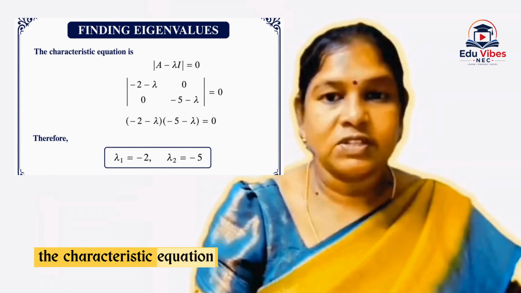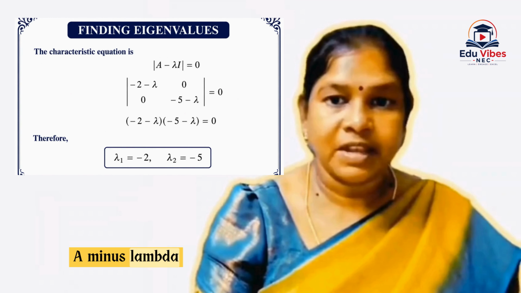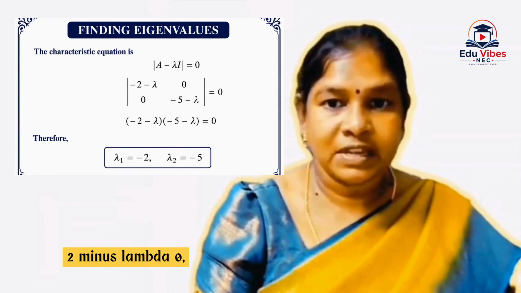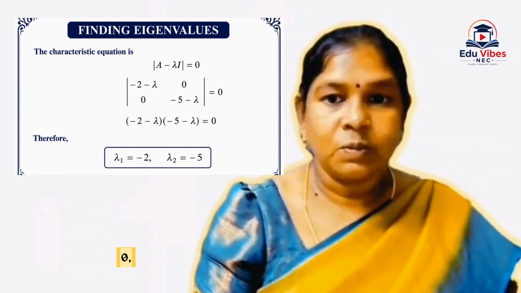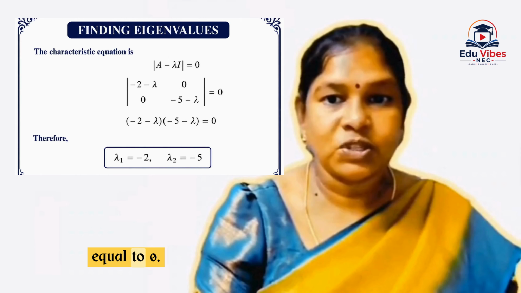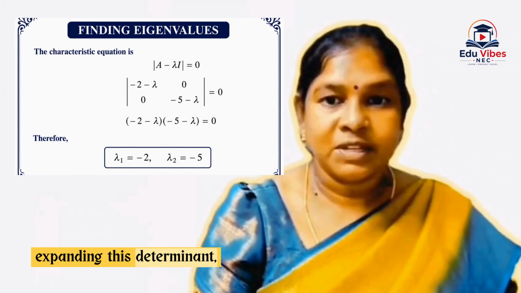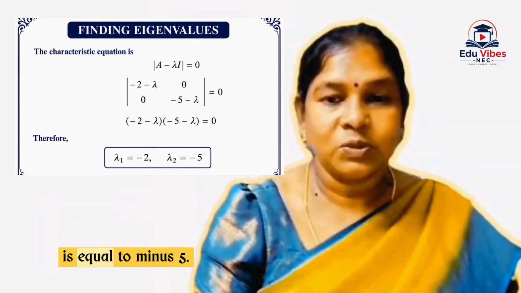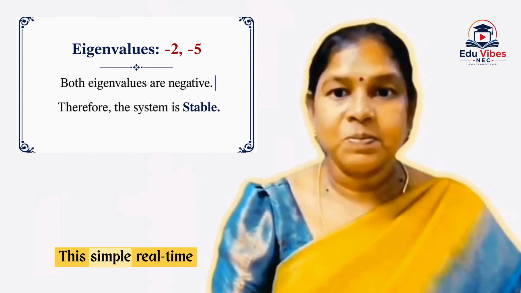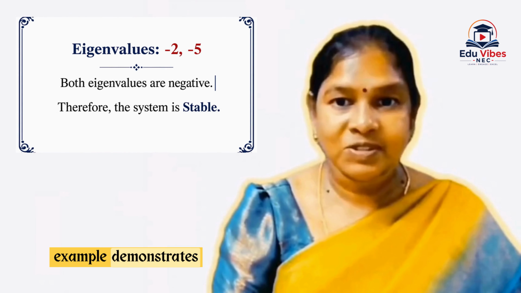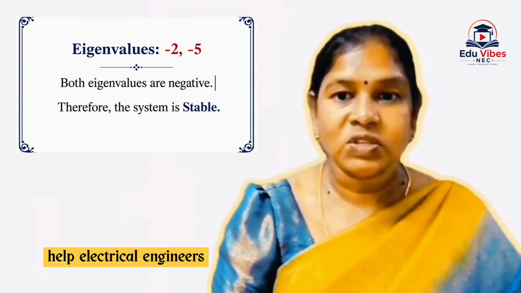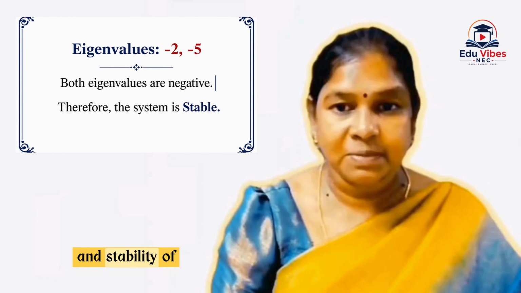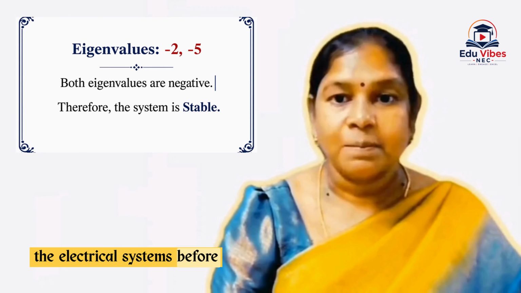So the characteristic equation is given by determinant of A minus lambda I equals 0. So we have determinant of [-2 minus lambda, 0; 0, -5 minus lambda] equals 0. Now expanding this determinant, we get lambda 1 equals -2 and lambda 2 equals -5. This simple real-time example demonstrates how eigenvalues help electrical engineers predict behavior and stability of electrical systems before they are actually built.